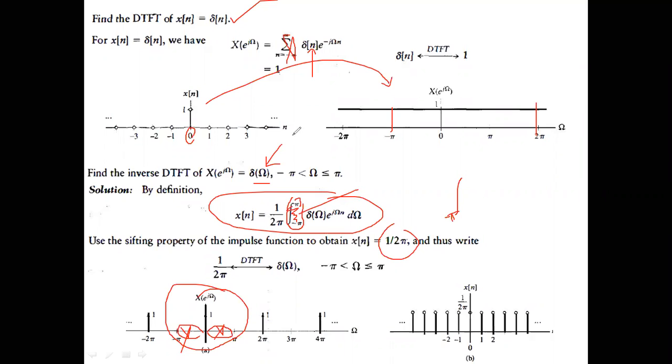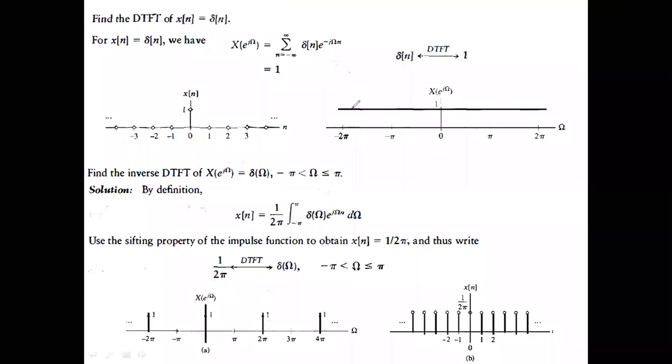Okay, so we saw here that the DTFT of an impulse is a constant, and the IDTFT of an impulse is also a constant. Of course there is a scaling factor. This is also something similar to a dual.